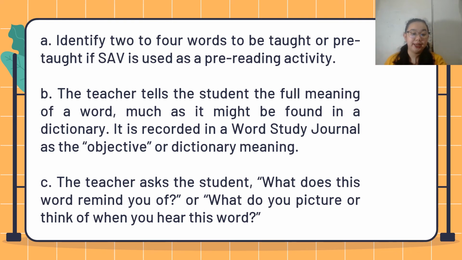It is recorded in a word study journal as the objective or dictionary meaning. Third, the teacher asks the student, "What does this word remind you of?" Or, "What do you picture or think of when you hear this word?"